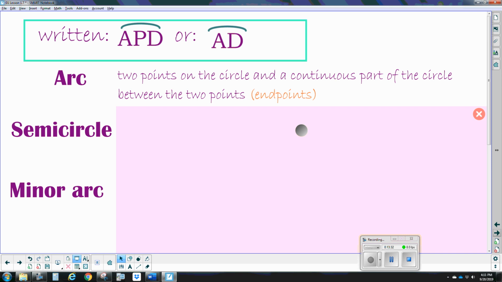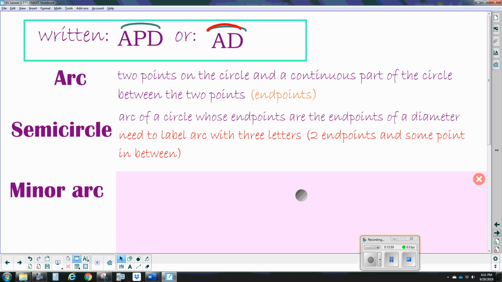Arcs do have endpoints, so we're going to name them similarly to how we name a segment, but with arcs, we have two types of arcs that we'll talk about in just a second, but we're going to use two or three letters. And instead of using the segment symbol, we use this arc above the two endpoints that looks kind of like the arc of a circle.